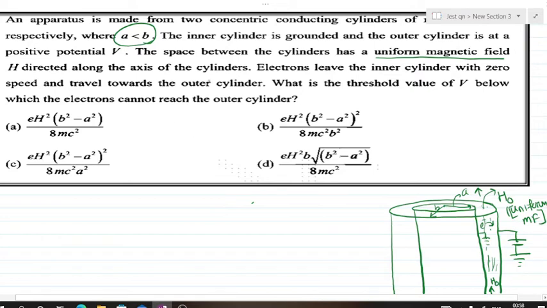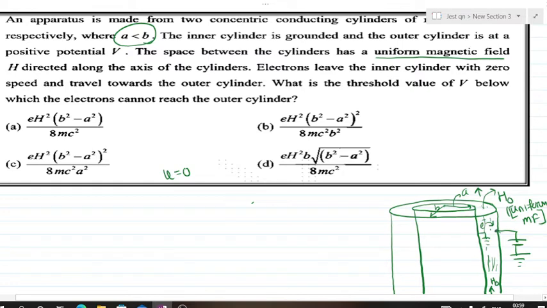Here, an electron leaves the inner cylinder with zero speed, starting from u equal to 0, and moves towards the outer cylinder. We have to find the threshold value of voltage V so that the electron can't reach the outer cylinder.